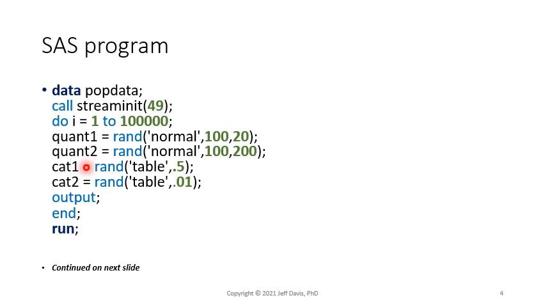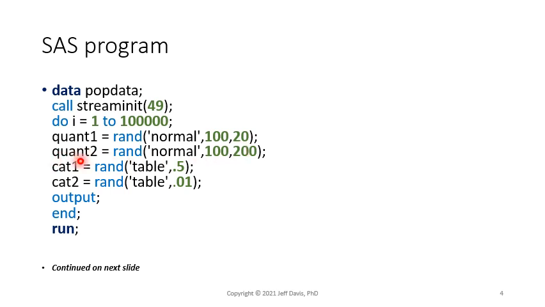I always encourage you to do that, but try to leave the numbers just as they are. Leave everything else just as it is here. For the first variable, quant1, we're going to tell SAS, give us a normal distribution with a mean of 100 and a standard deviation of 20.